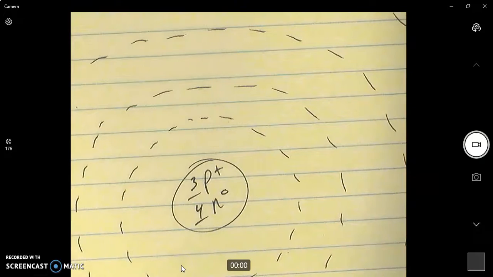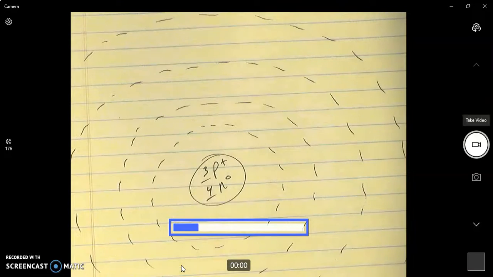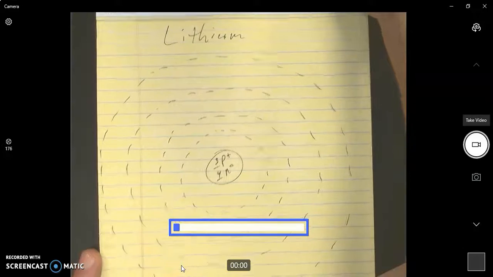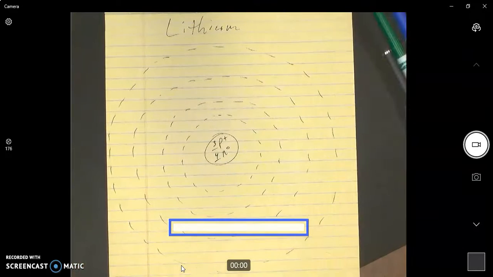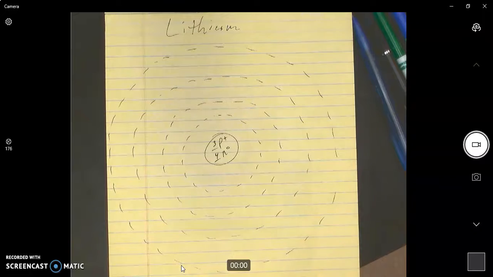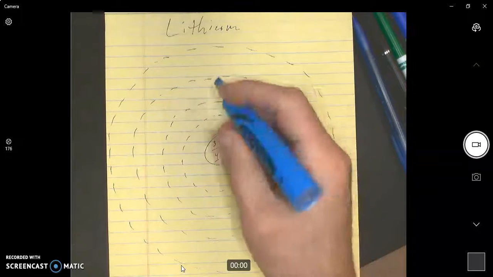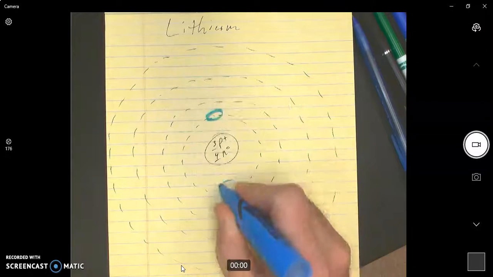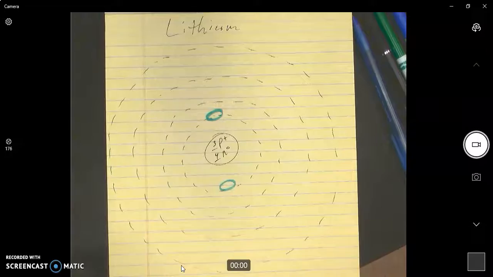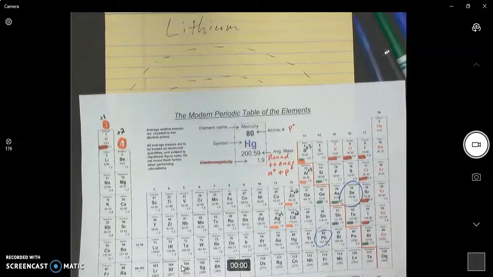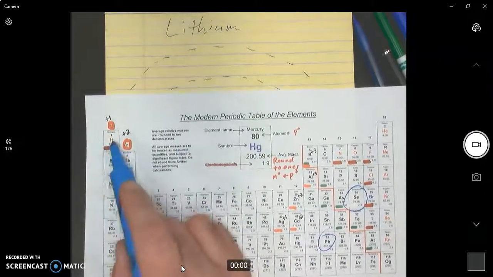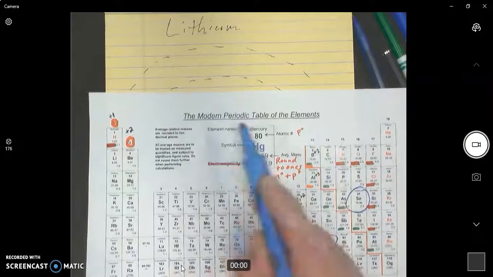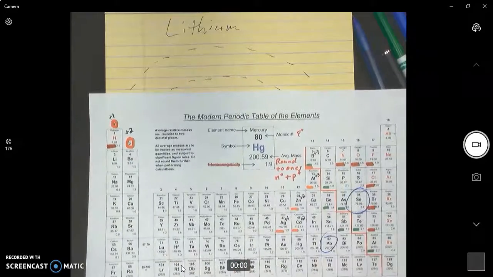If we take a look at this very crude model of lithium. Lithium has 3 protons and 4 neutrons in its nucleus. It has 3 electrons, 2 on the first energy level, and we're going to learn later on that that's the capacity for the first energy level, and coincidentally, really not coincidentally, there are 2 elements on the first row of the table.